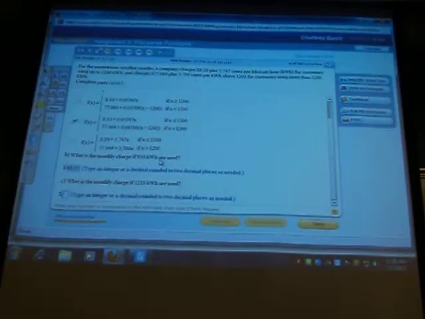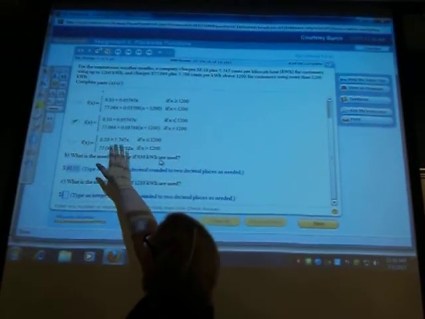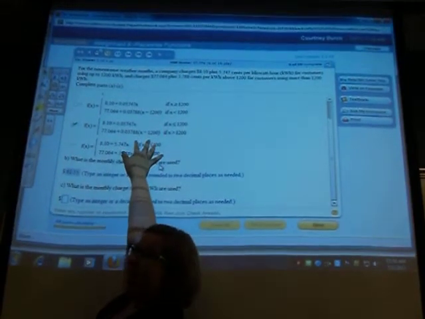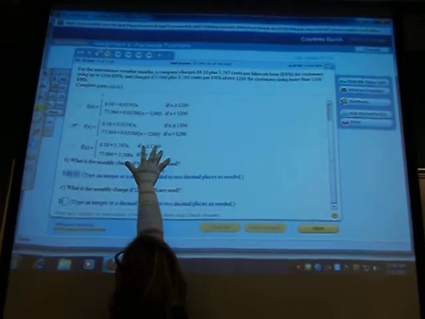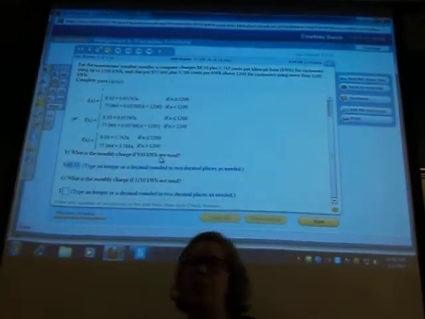And then for the second part, what is the monthly charge for 1210? Okay, so remember the first 1200 you already paid for in the 77.064. You're only paying for 10 extra. So I'm going to subtract that in my head and just multiply that second number by 10, because I'm over by 10.